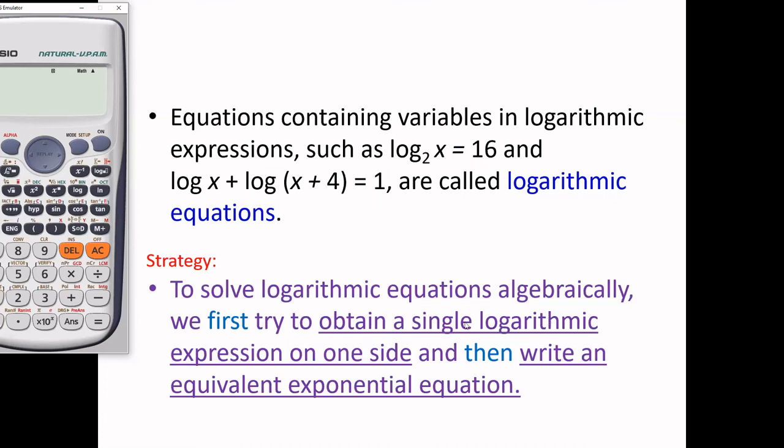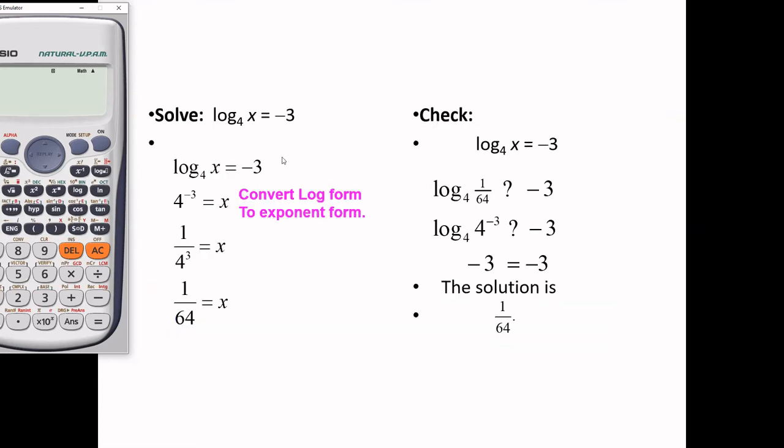You first try to simplify it and see if you can get a single logarithm expression on one side using that multiplication and division and power rule. Then change it to exponential and solve it like we've been doing. So that's your general way to go about doing these.